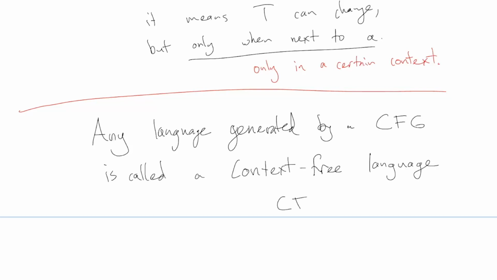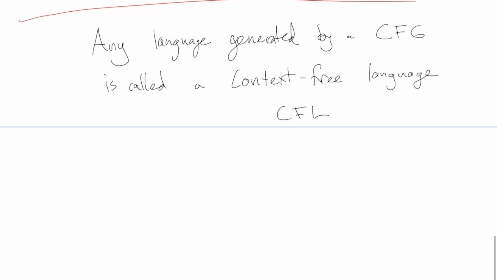And we're going to write CFL, a context-free language. All right? So this is another kind of category of languages. So far in the course, we've only really had one category, that is regular, and then not regular. But here's another one. There's the context-free languages. These are the ones which can be generated by context-free grammars. All right?